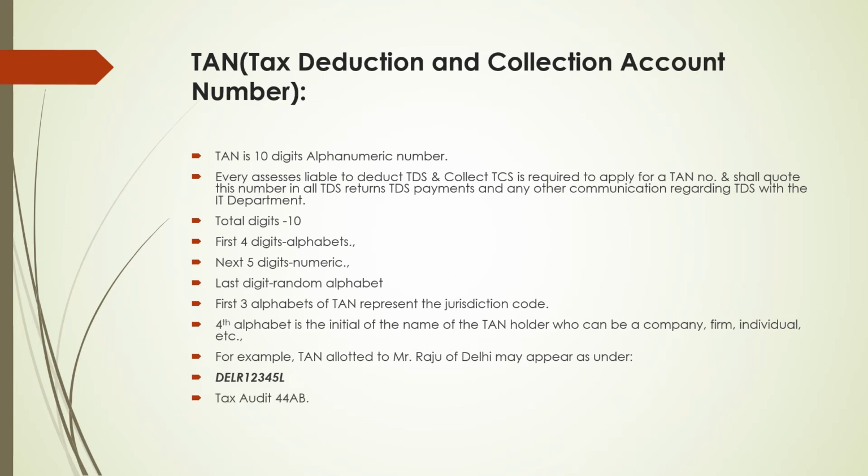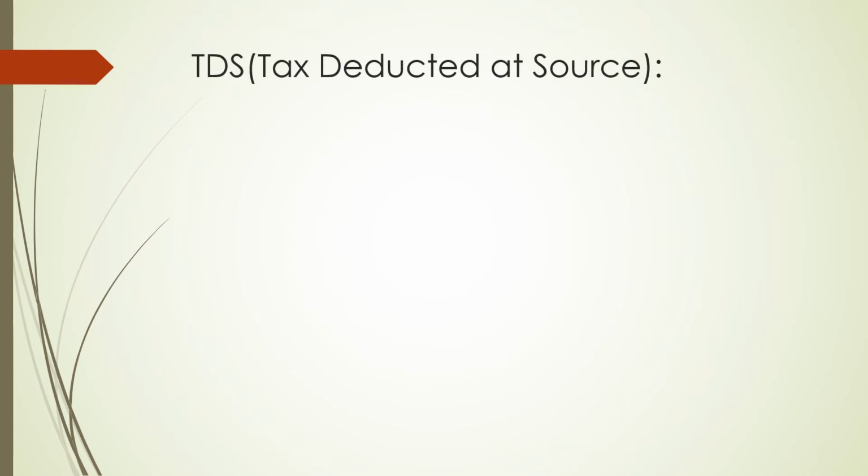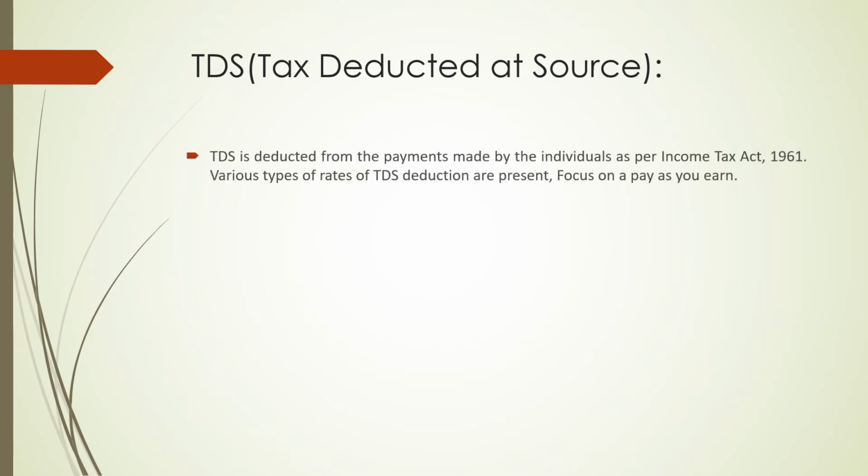Then tax audit, it is under section 44AB. It is one of the additional points here. Then tax deducted at source. What is TDS? Tax deducted at source. It is deducted from the payments made by the individuals as per Income Tax Act 1961.